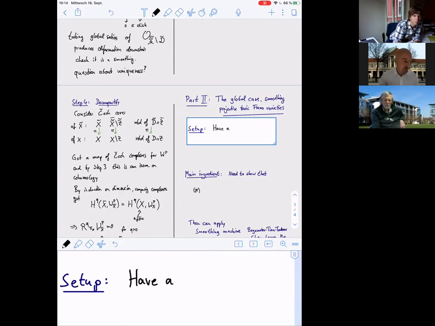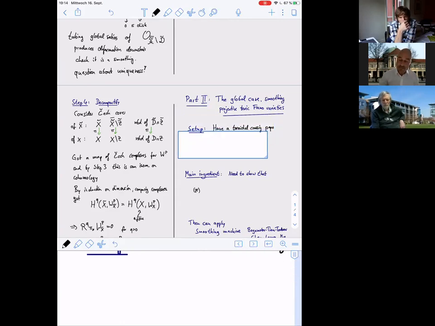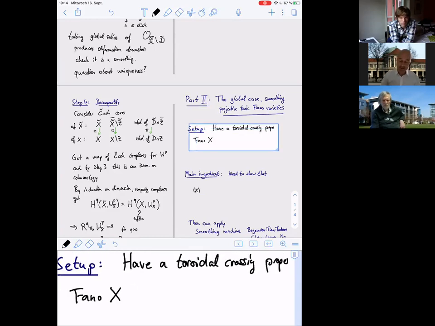So the setup is we have a toroidal crossing and proper Fano X. So for instance, you start with a toric Fano variety and you break it up by Mumford degeneration into reducible pieces, together with a log structure.